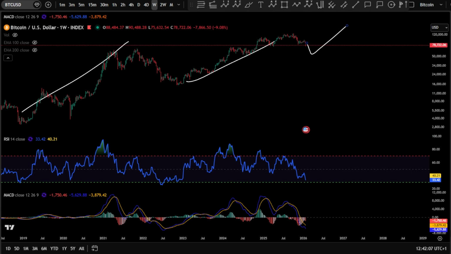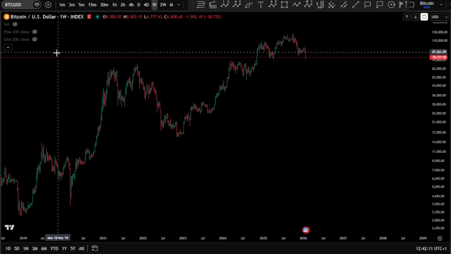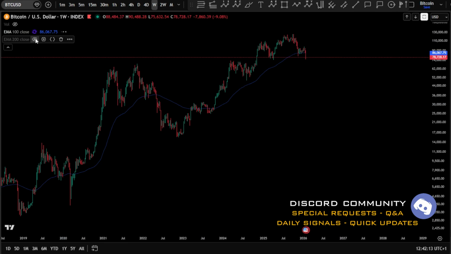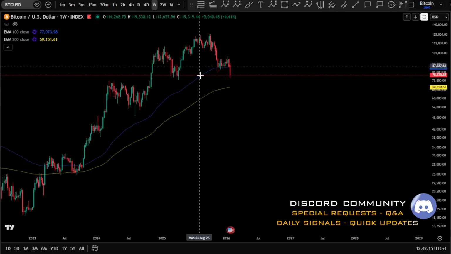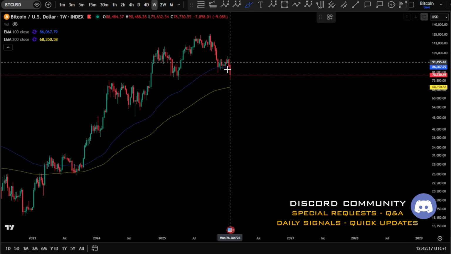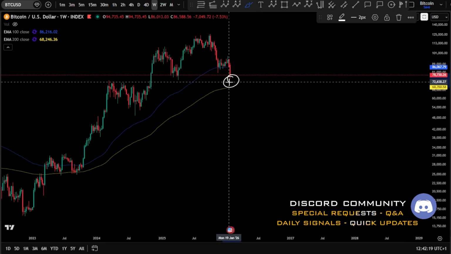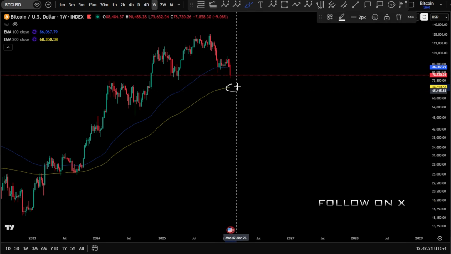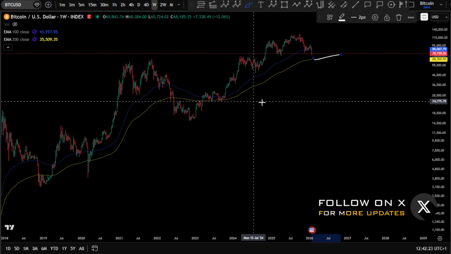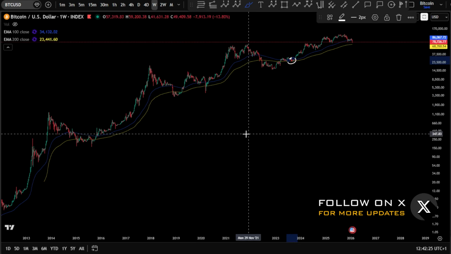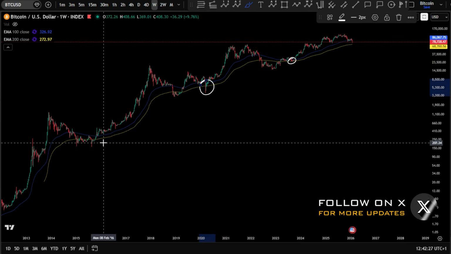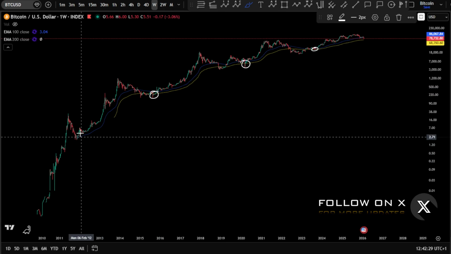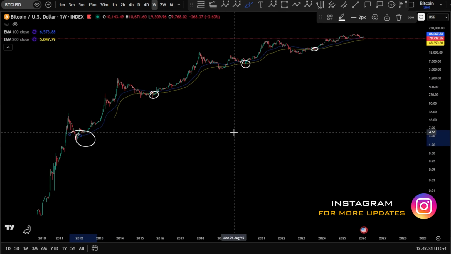Now, the last thing I would like to show is the EMA here. The EMAs, of course, are very interesting as well. We can see that the price is very, very close to the 200 EMA, which is, of course, our major moving average here for every single cycle, I would say, or bull run.